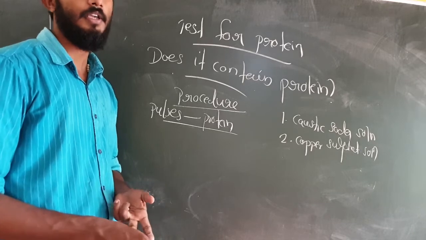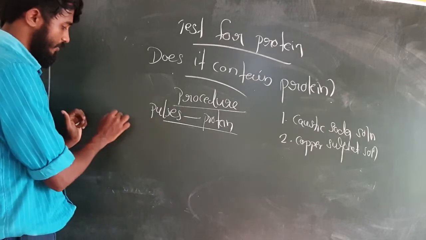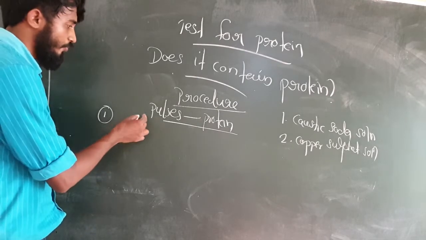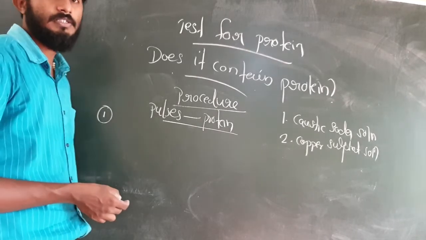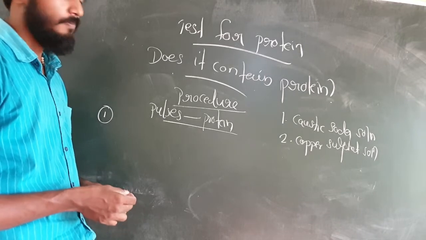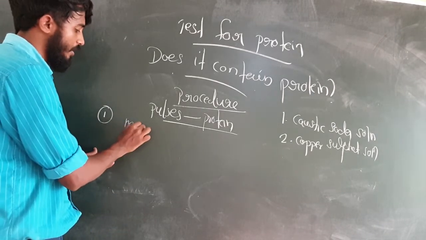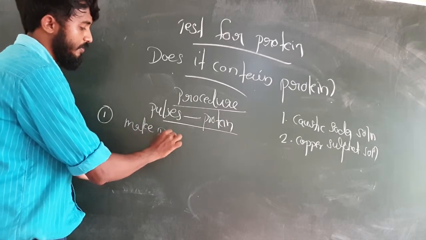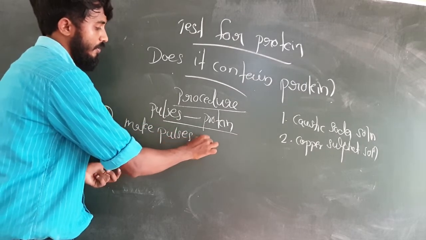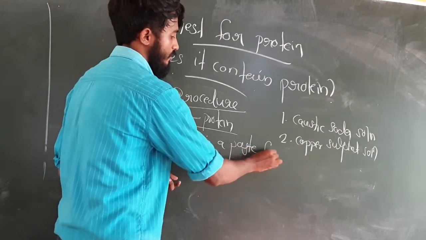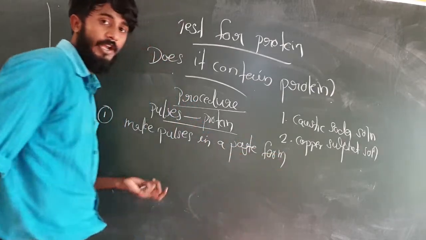Here we can conduct the experiment. So first of all, what we are going to do, we have to make pulses in a paste form by using a mixer grinder.